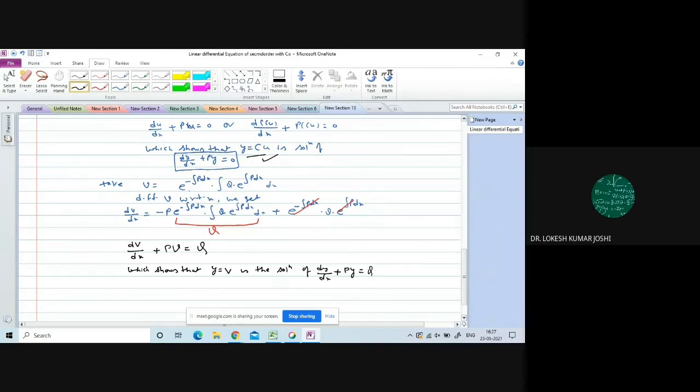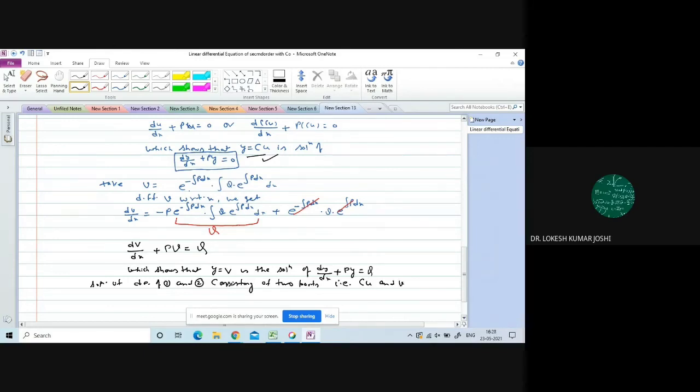Now, just note down, the solution of differential equations 1 and 2 consists of two parts, and these two parts are cu and v.